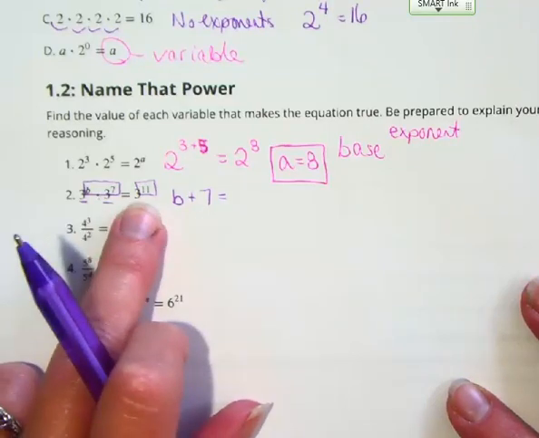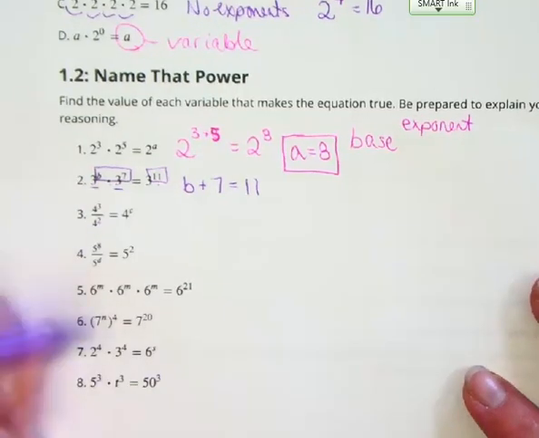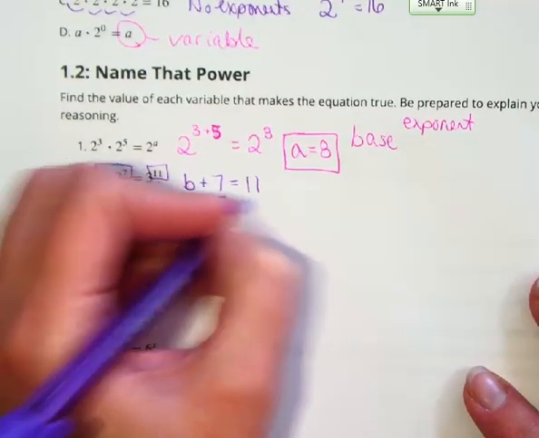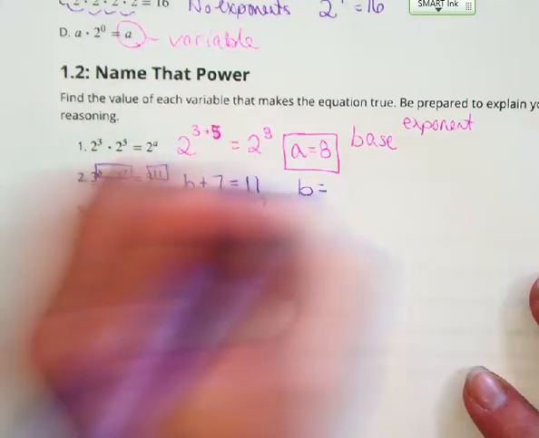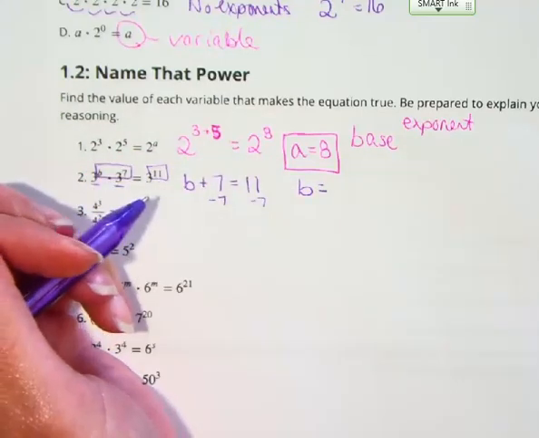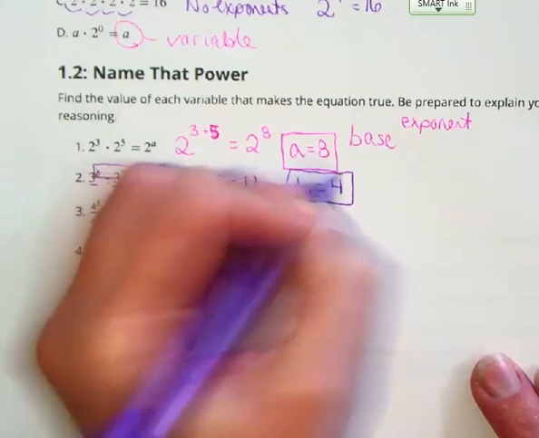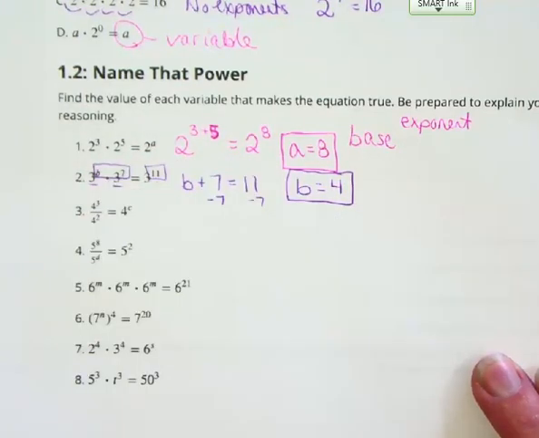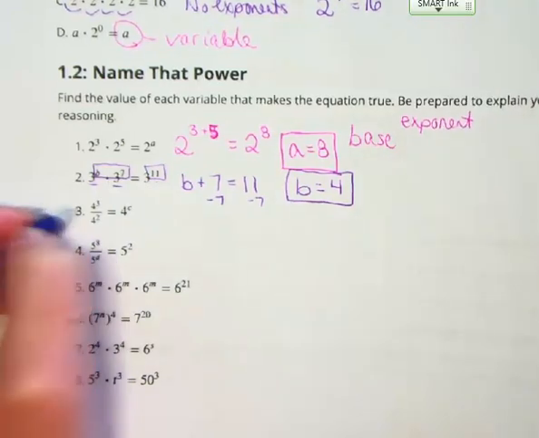They all have a base of 3, but it needs to equal 11 because the exponent is 11. If I subtract 7 from both sides, 11 minus 7 is 4. So b would have to be 4 to make that true.